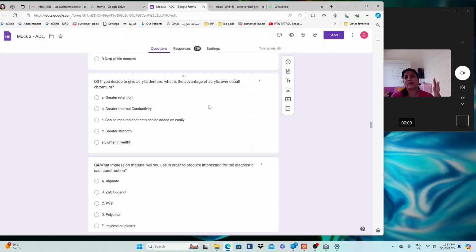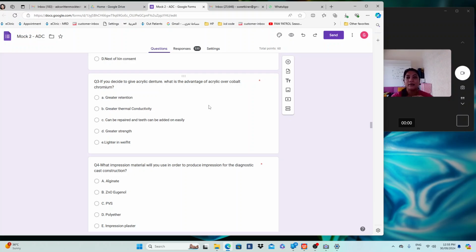You'll have to repeat the entire procedure and make a new cobalt chromium denture, because like I mentioned in my previous video, you have a major connector, a minor connector, a direct retainer, an indirect retainer. All are very specific and formed according to measurement of each tooth. You just cannot add anything to it, because you cannot just attach something from outside once a cast partial denture is formed of a metal.